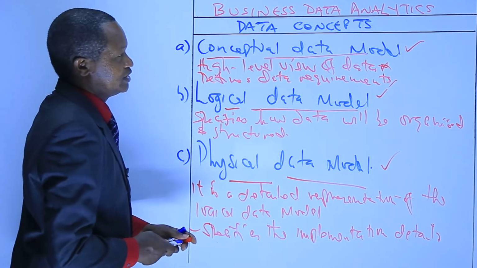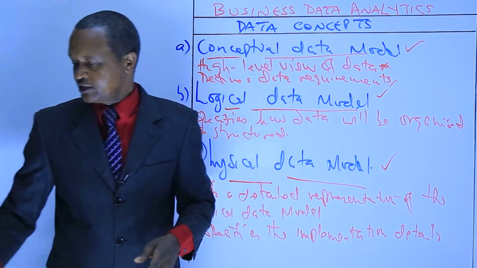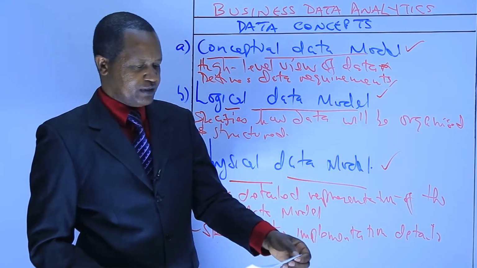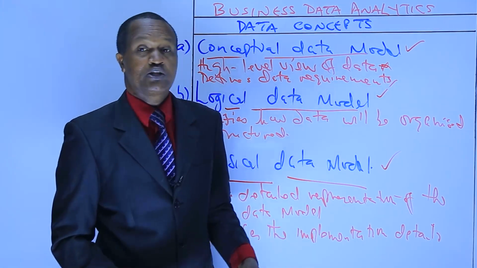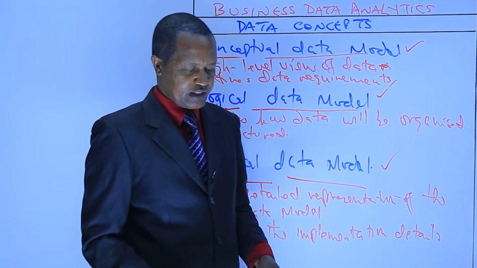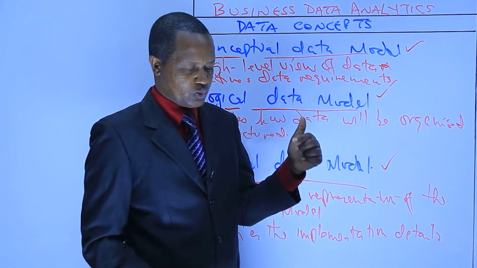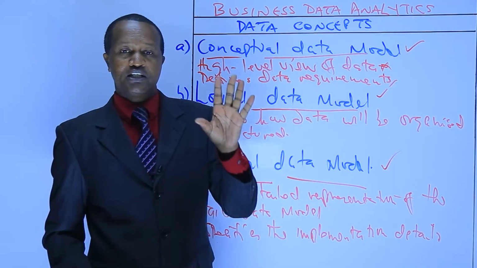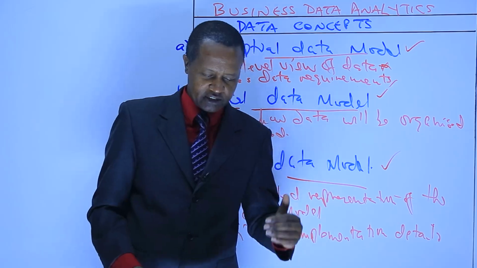So that will mark the end of our today's session. But before we close the session, I want to refer you to the business data analytics practical paper that was done in December 2022. The first question under section 1 tested what we have covered in our today's lesson. I'm going to read this question.